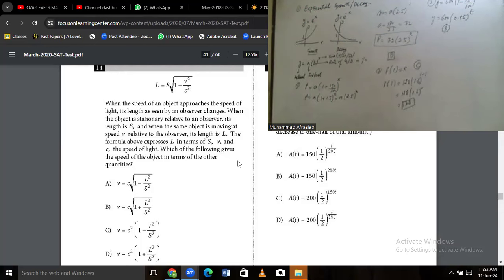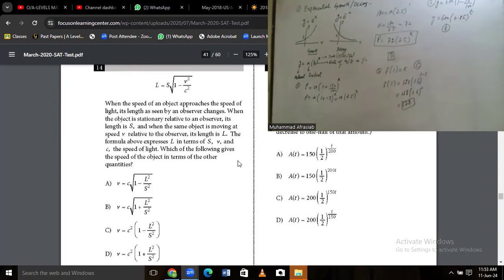The half-life is the length of time needed for an amount of the substance to decrease to one half of that amount. So the rate is half. The initial amount is 200 and it is for 150 years.